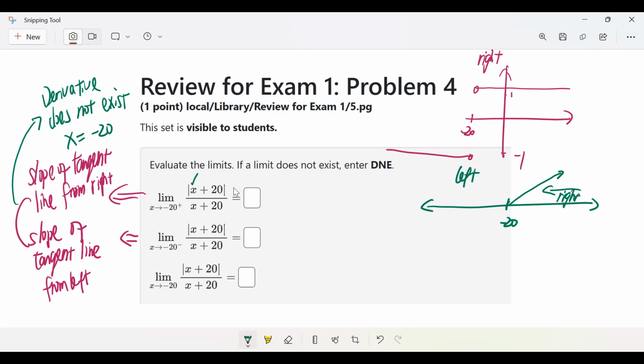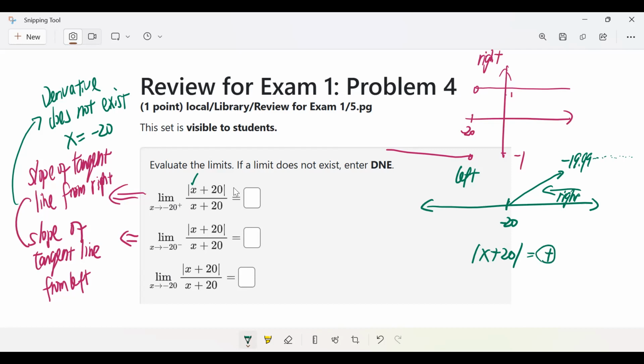Is the absolute value of x plus 20 positive or negative? Anybody find out? Positive. It's positive, right? Because you want to use a number very close to -20, but slightly bigger than -20. So if you add 20 to that, you get a positive number.